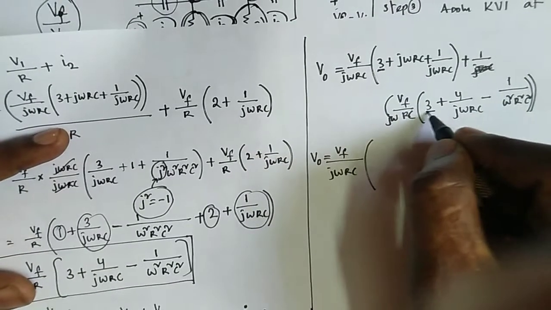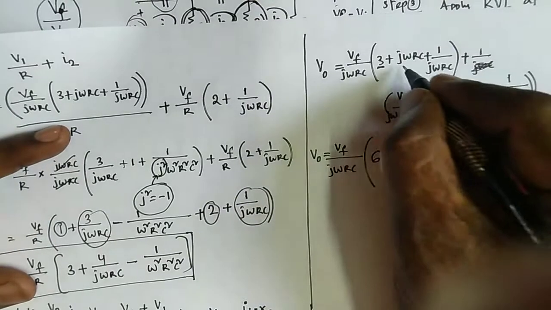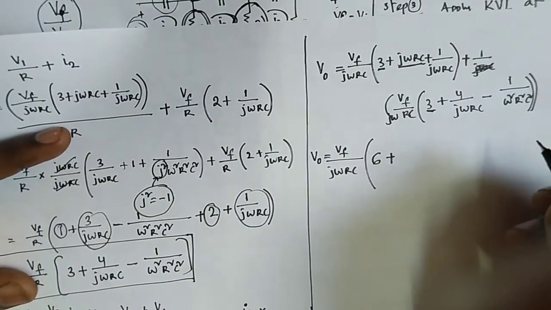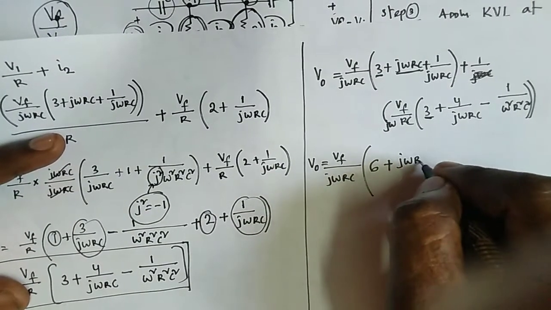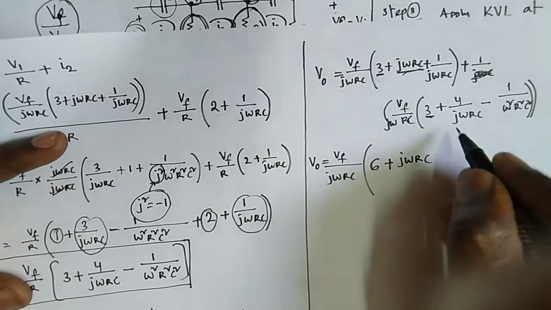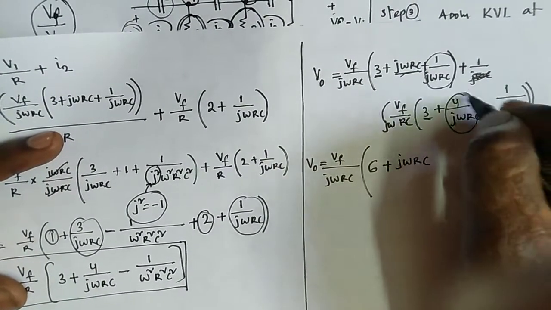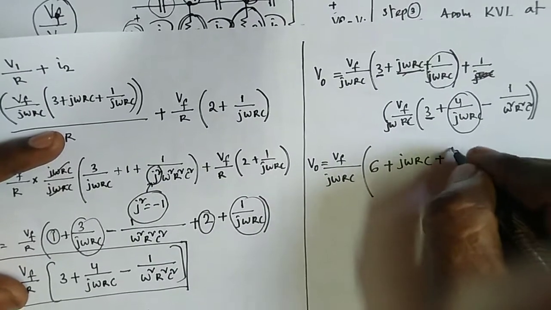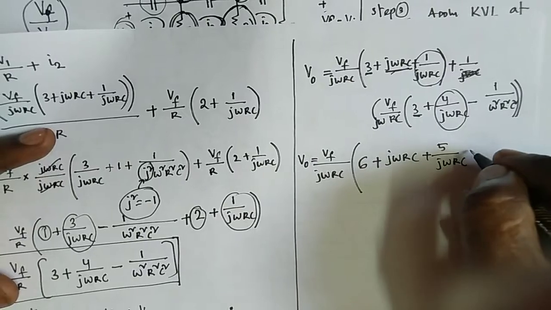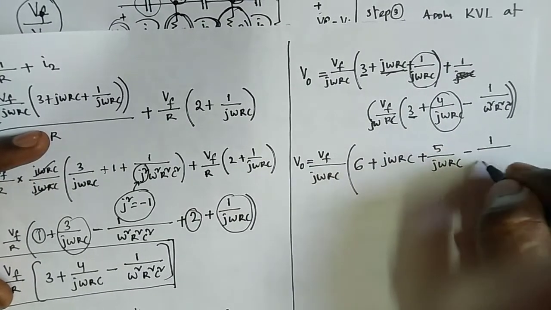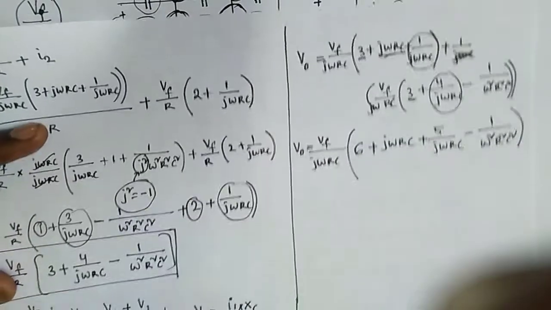Now 3 plus 3 is 6. Next, we have only one j omega Rc. Next, 1 by j omega Rc plus 4 by j omega Rc, the final result is 5 by j omega Rc. Next, minus 1 by omega square R square c square. This is the final function.